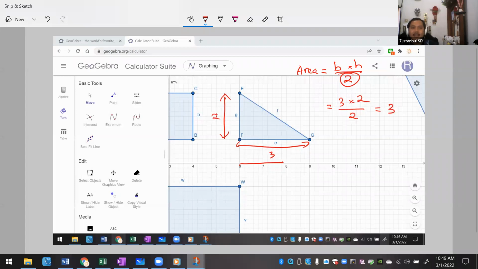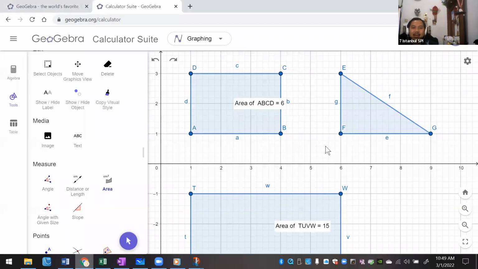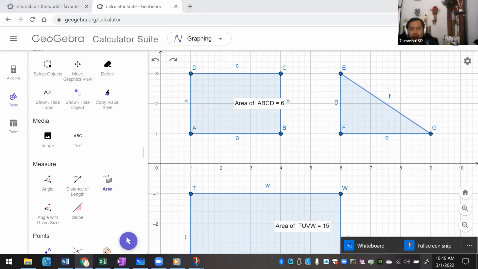So, actually guys, if I expand this, this shape and the previous shape that we have, these two, is just like the first one, we divide that by 2. So I'm gonna snip that again.